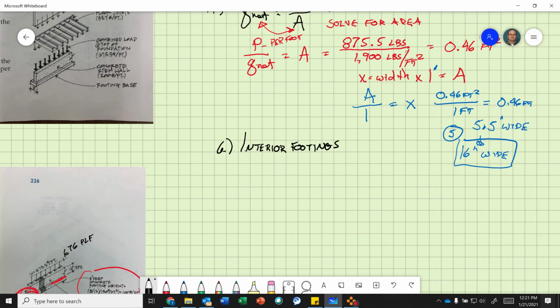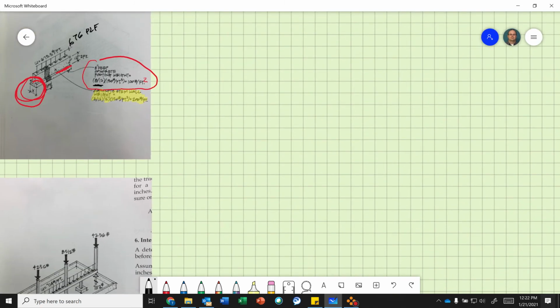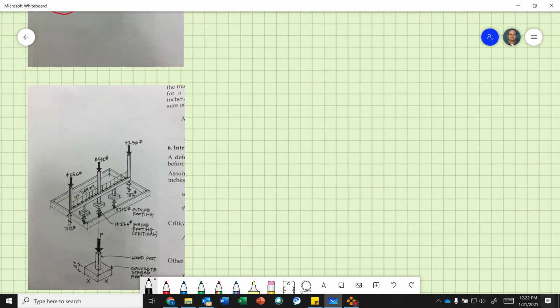All right, so let's take a look at this drawing. As we remember, we previously calculated column loads. We calculated this column load and that column load. Now we have a floor beam.